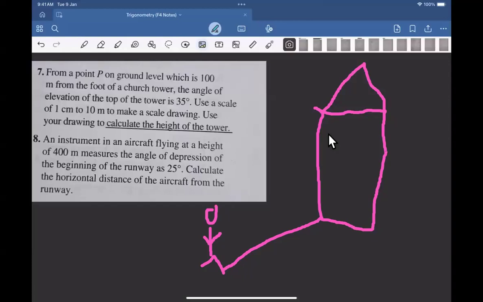You gotta put meters. I draw 100 m. Right, okay.